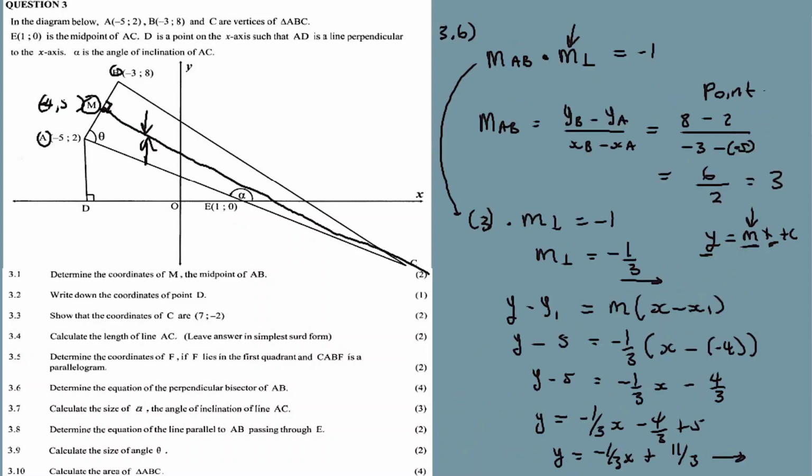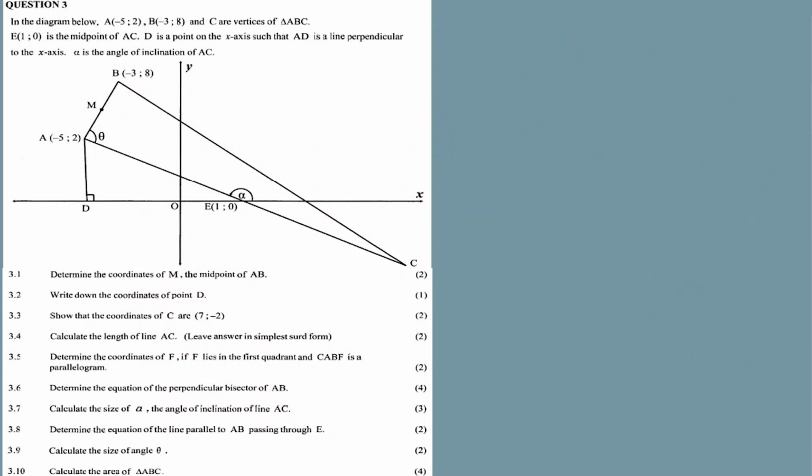Gradient ka AB, ubani, 3. Asbuyelela. Gradient ka AB, 3. Gradient ka AC is equal to negative 1 over 3. Uyayibona manje yaphe this thing. Awuyibona manje, okay, athi ngiqhubeke.